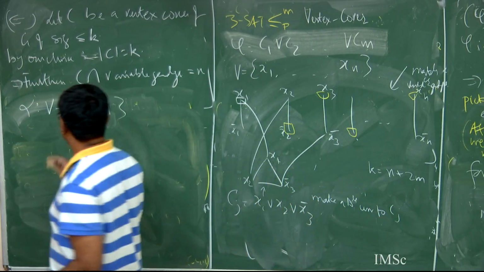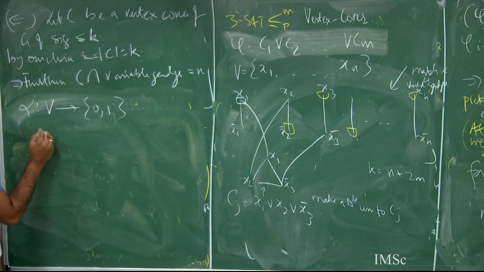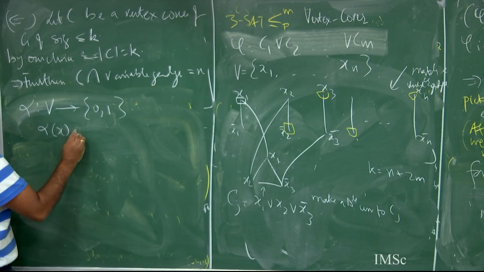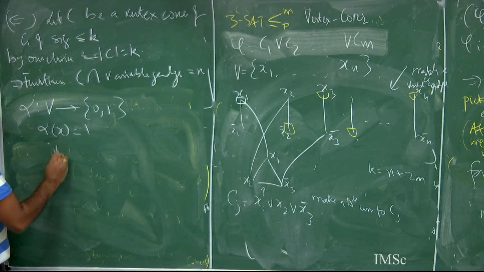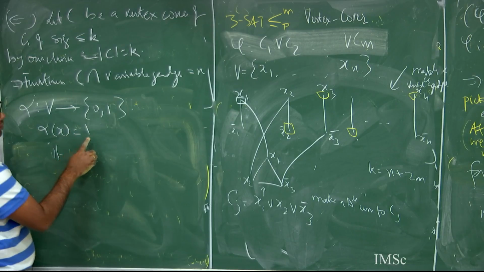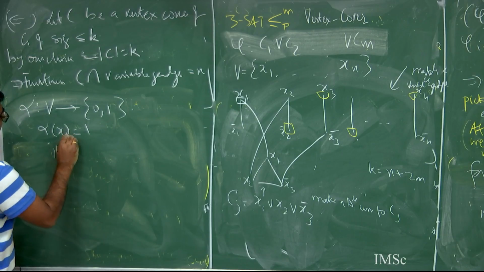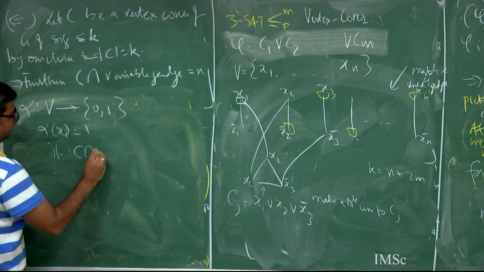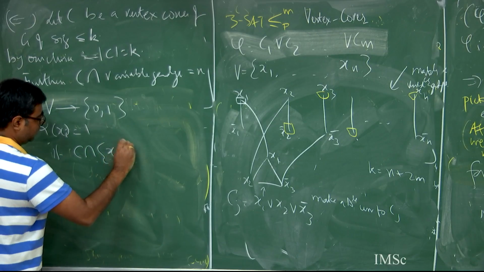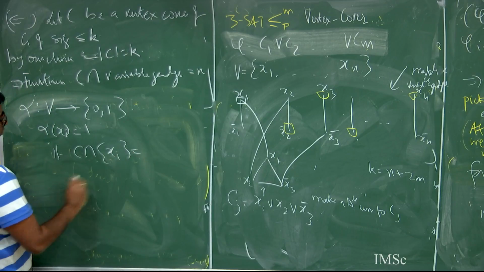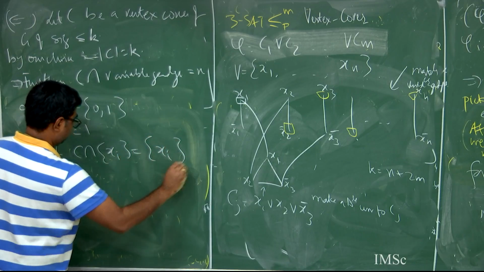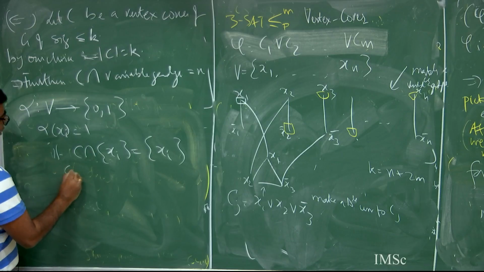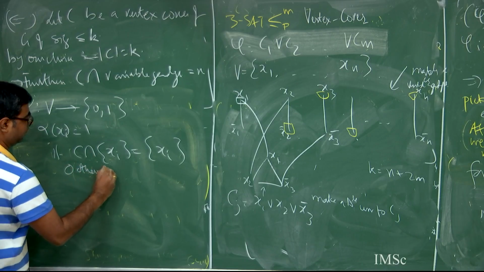So now how do I say, okay, what is it? Alpha of x is 1 if, say, some alpha of xi is 1, if C intersection xi is equal to, C is my vertex cover, 0 otherwise. Basically this is what I am doing, right?